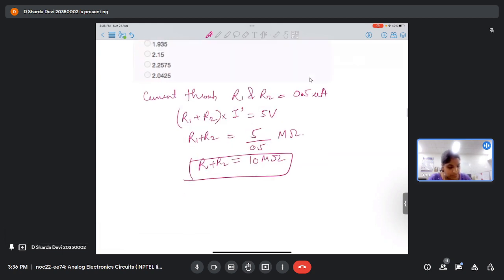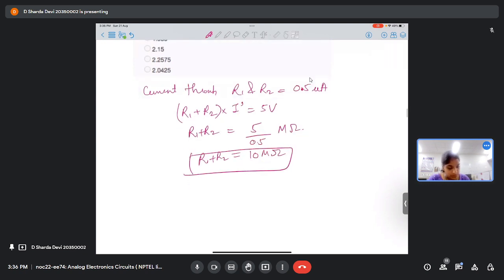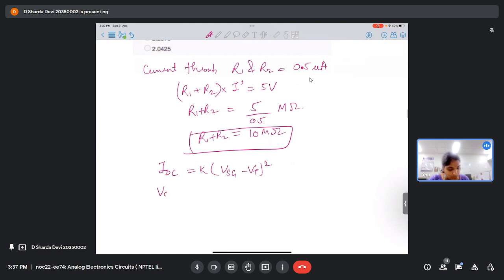Now next thing is, this is known. We know IDC, the current, we know. Now when we know IDC, it is K (VSG minus VT) whole square.